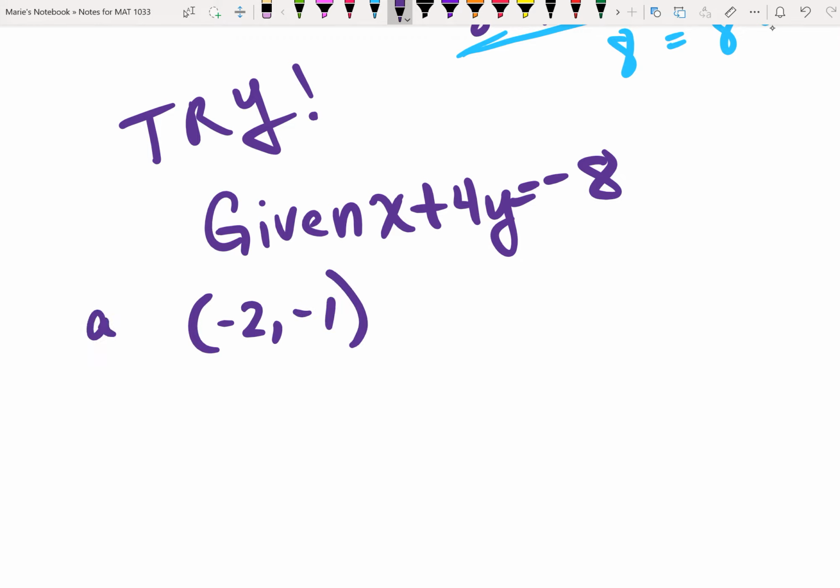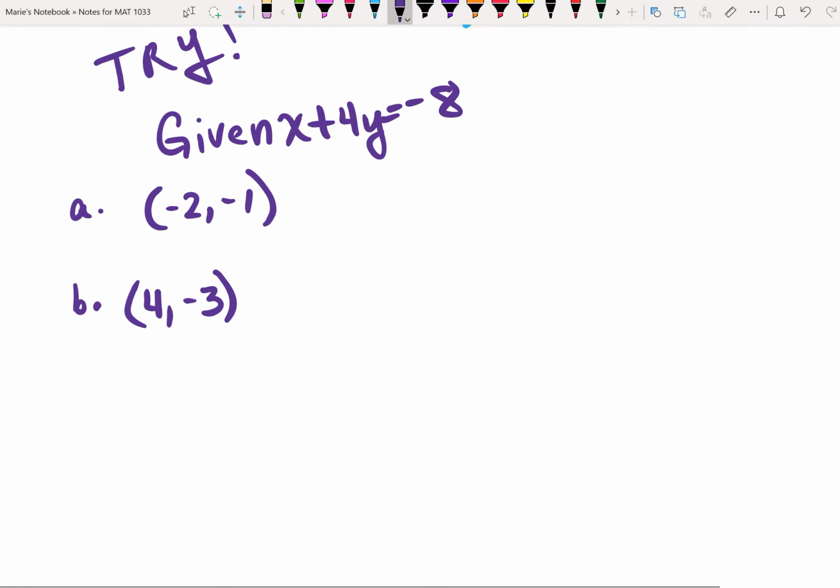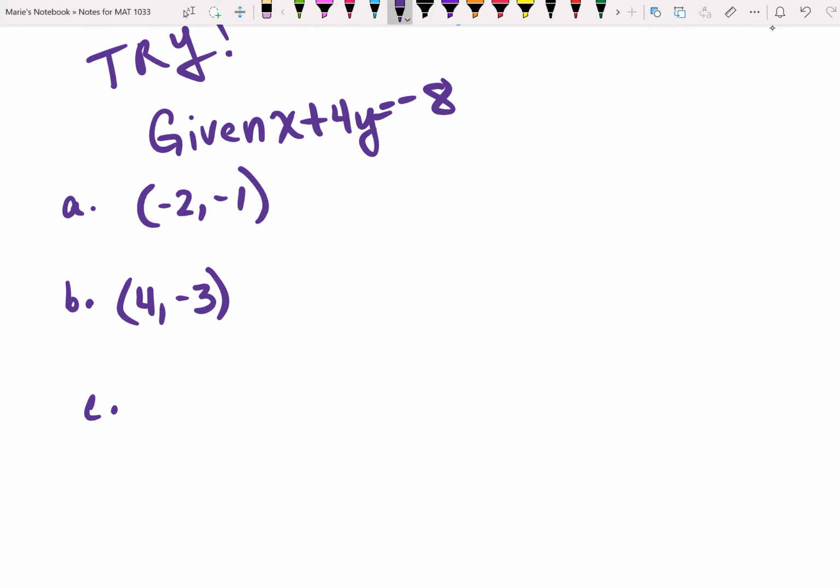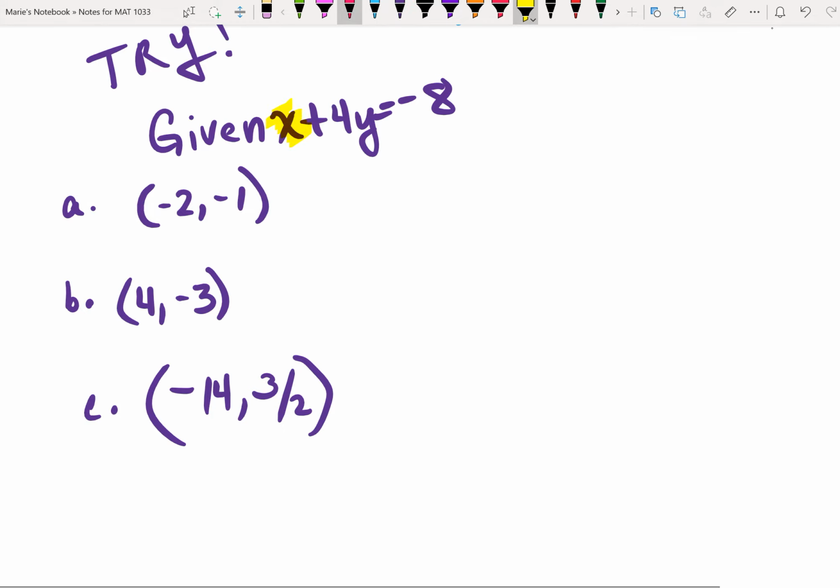So we're going to try this one, and then we're going to try 4, negative 3, and we'll try that one. And then I'm going to give you point C, which is negative 14, 3 over 2. Hideous numbers that don't like the fractions. Okay, so again, where's your x and where's your y?